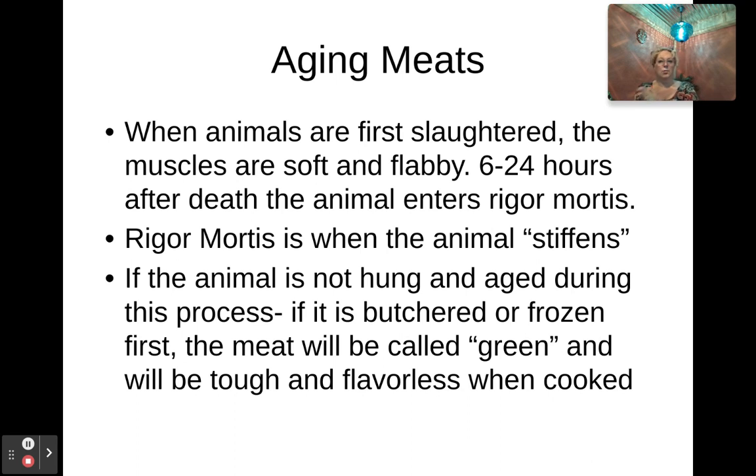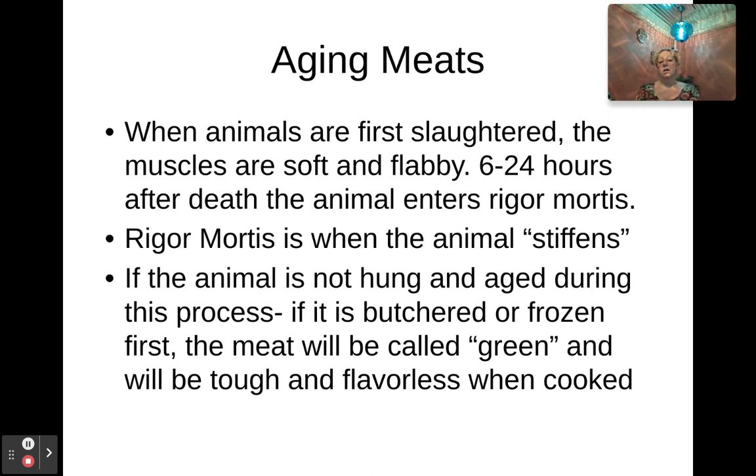The bigger the animal, the longer that process. So when the animal goes through the process of rigor mortis, if you've ever watched a CSI show or anything about forensics, you know that when something dies, you've got a couple of hours before that body stiffens and gets really stiff. And so rigor mortis is when that animal stiffens. And then after a couple of hours, that process is complete, and then the muscles relax back out.